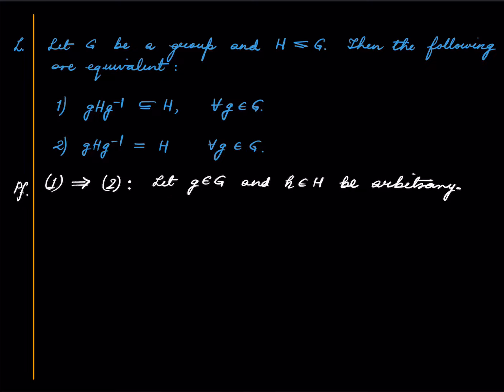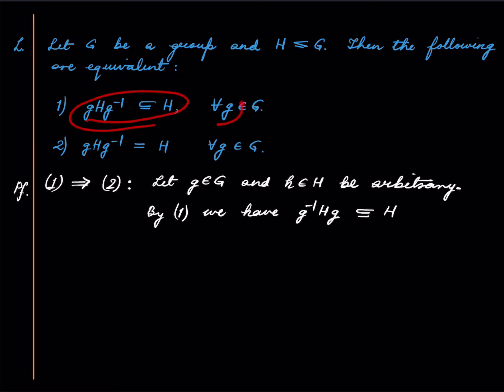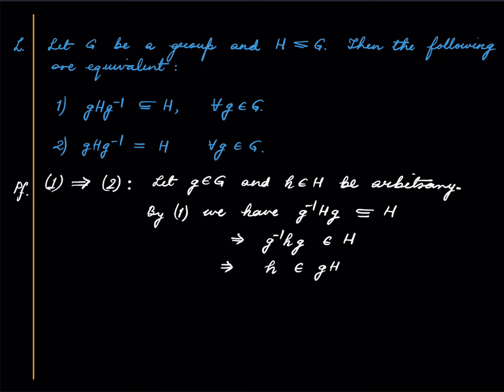So now, by 1, we have g inverse Hg is contained in H. Because this holds for all g, I can replace this thing with any element of G, and I choose g inverse. So therefore, g inverse little hg is an element of H, which implies, if you think a little bit about it, this means little h is in gHg inverse.